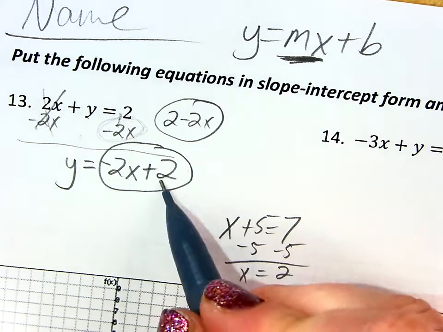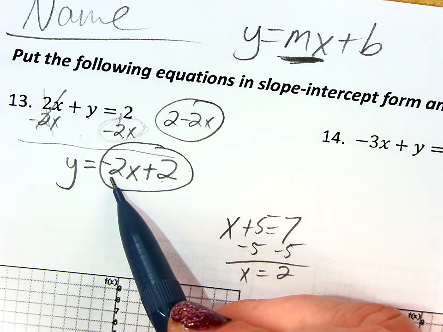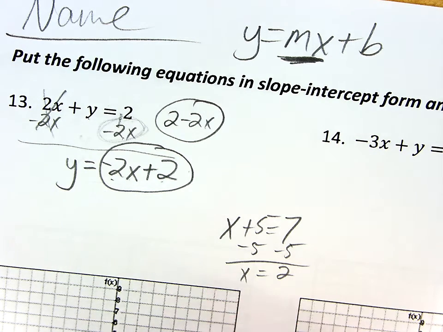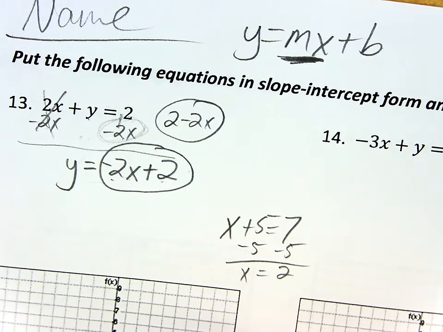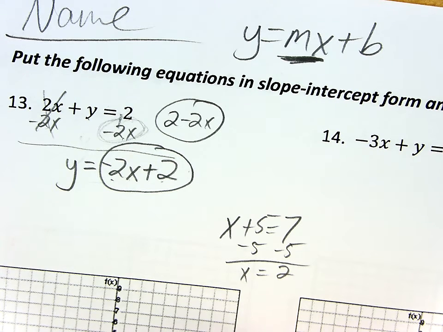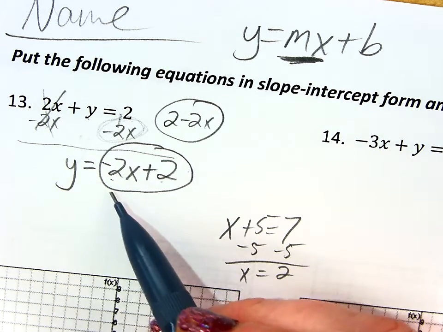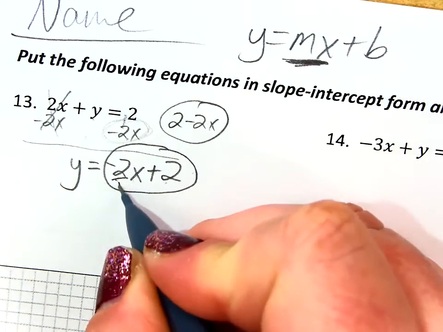You know to start at 2 and then follow my slope, which tells me to go down 2 and to the right. You always go right: down 2 to the right 1, down 2 to the right 1. If I don't have a fraction, you can think of it as a fraction, negative 2 over 1.